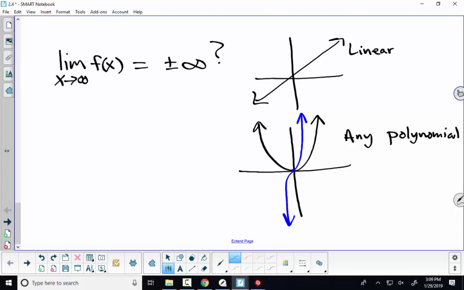So yeah, we have a limit or an end behavior that doesn't exist because any polynomial just keeps growing and growing and never flattens off.